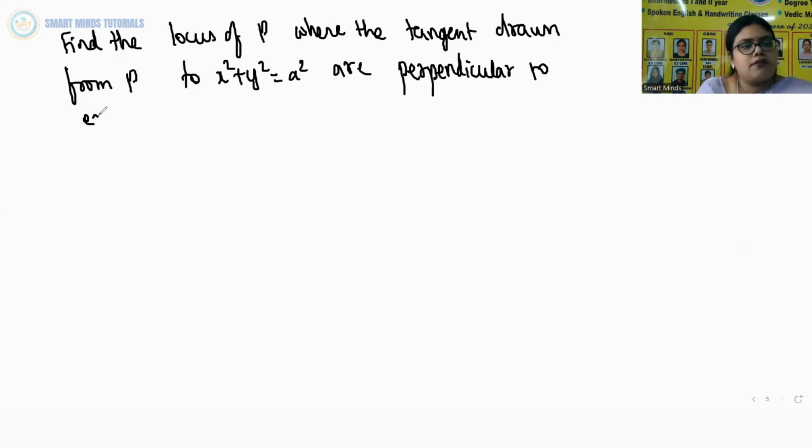So here, what is given directly, they are not asking you to find the angle between the tangents. The angle is given in the question. You have to find the equation, that is, the locus of P.